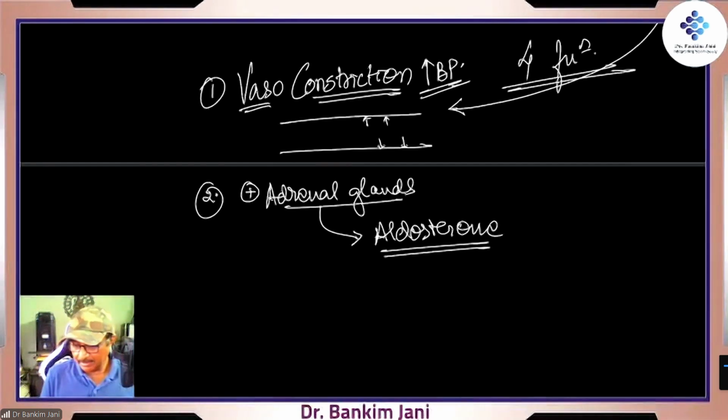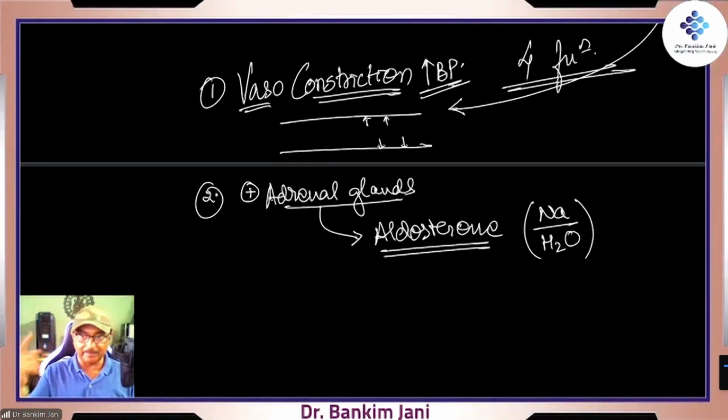It will tell the kidneys about the sodium and water, the way goons say this is our man, right? The same way aldosterone will say they should not go. Take them back. So the kidney would say, "Hey, sodium and water, this is my duty, nothing to do." Aldosterone is the big boss. So there is massive sodium and water retention. Sodium is not allowed to go, water is not allowed to go.